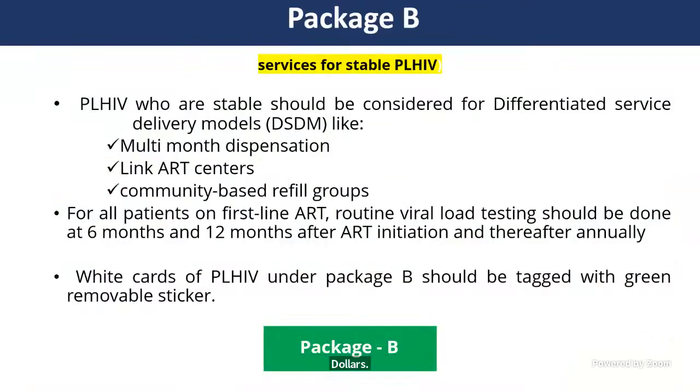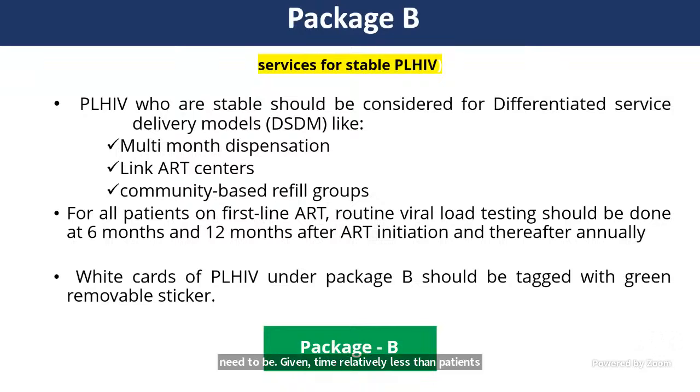Now, package B: if you have 100 patients in your center, definitely you are going to have more patients in this package. So for these stable patients, they need to be given relatively less time than patients in the A or C category.